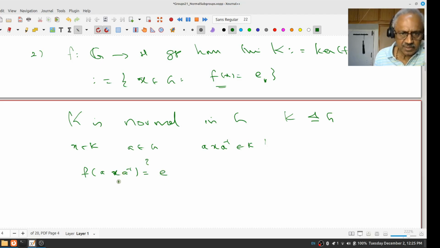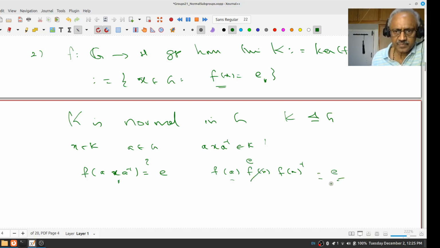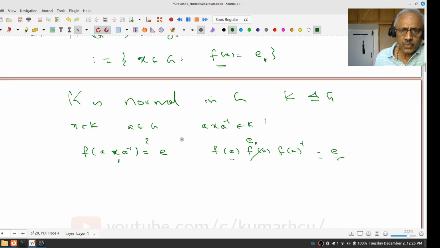Since f is a group homomorphism, this is the same as f(a) f(x) f(a inverse). But what do I know about f(x)? It's identity. And this is identity. Therefore, I get identity. This is the identity element of H. Remember that. Okay. So K is normal.